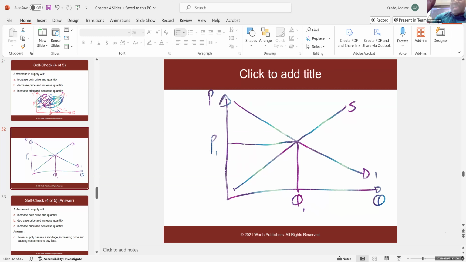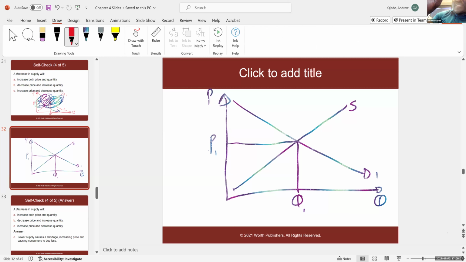A decrease in supply means the supply curve shifts to the left. So you shift the supply curve to the left to S2, then draw an arrow showing that. The new equilibrium is where the new supply curve, the red line, intersects the blue line, which is this point here. That is going to lead to a decrease in equilibrium quantity and an increase in equilibrium price. See that clearly?